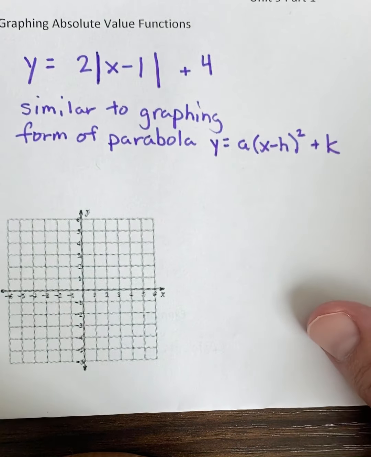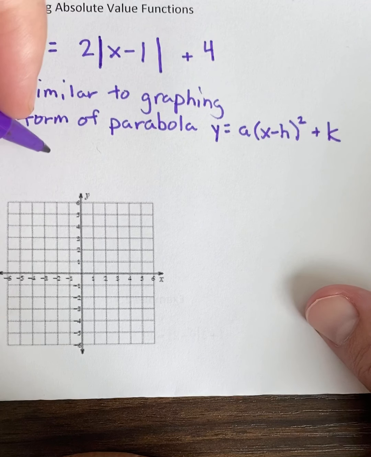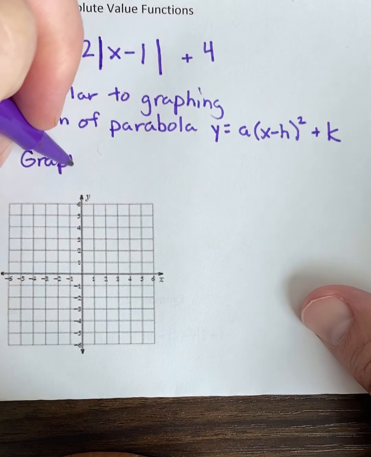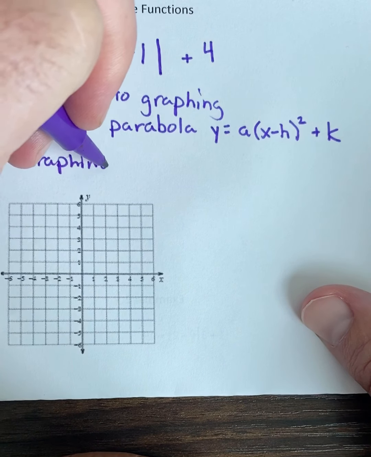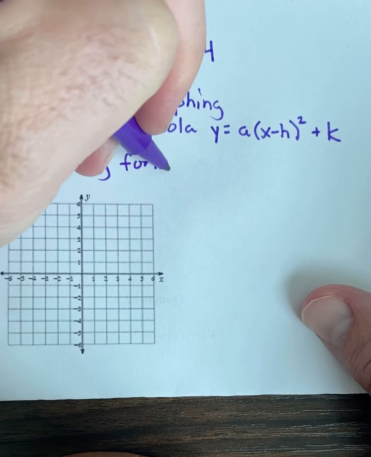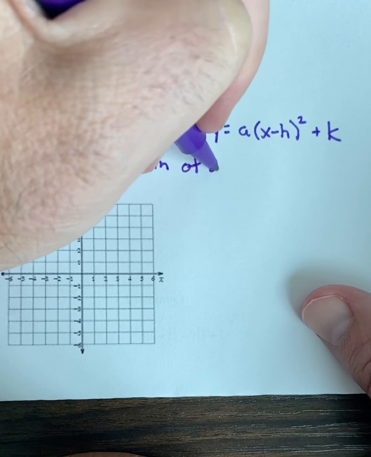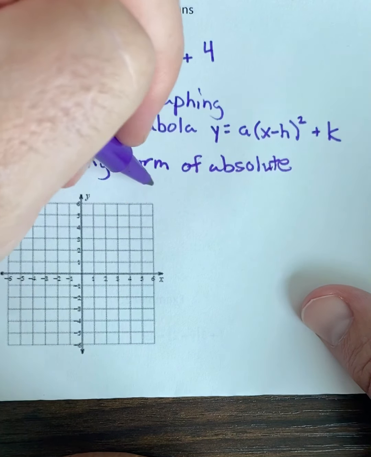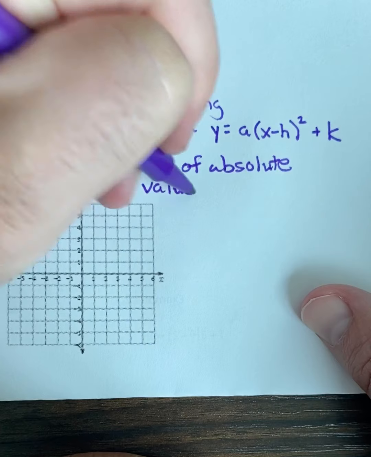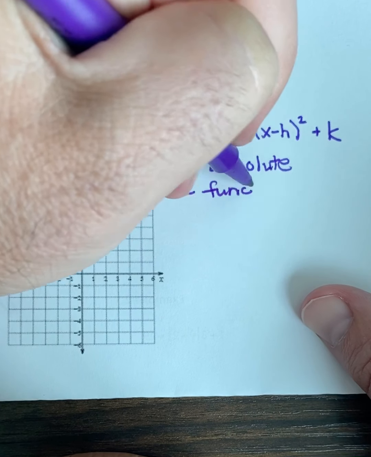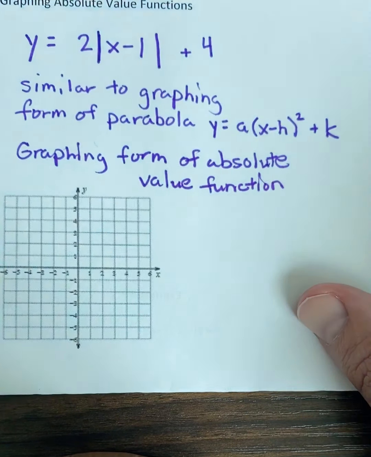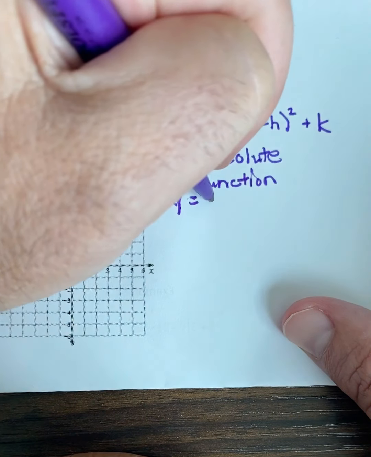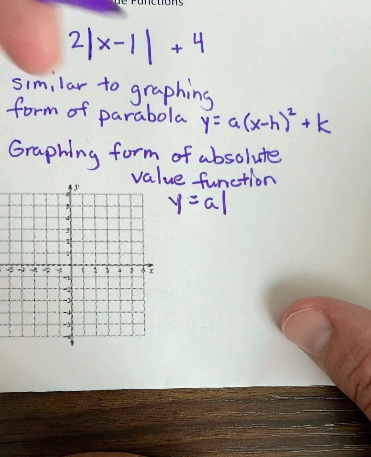Now, the graphing form of an absolute value function is going to look very much the same. y equals a, and then the absolute value.